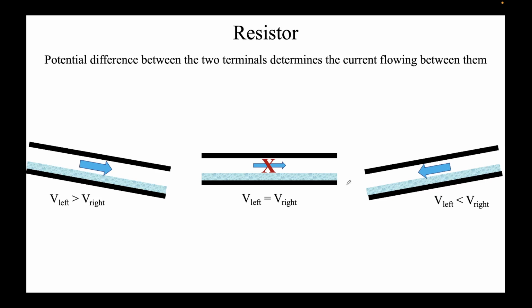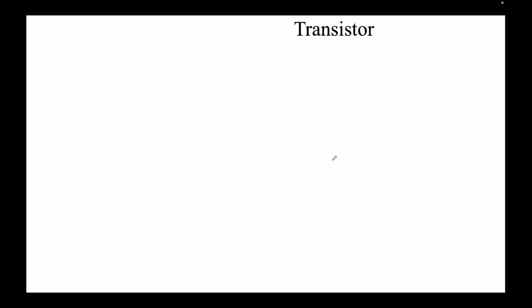And this is fairly straightforward. This you must know. I just want to emphasize that the key takeaway from this slide is that the potential difference between any two terminals will determine the current flowing between them. No external entity is controlling the current.